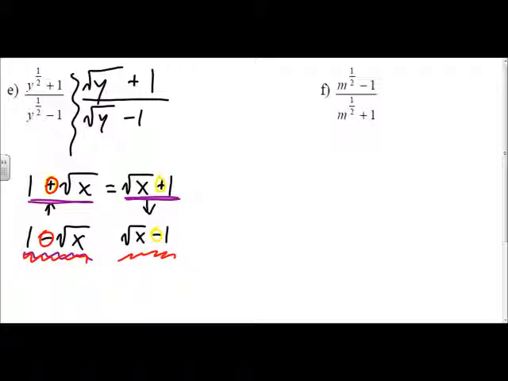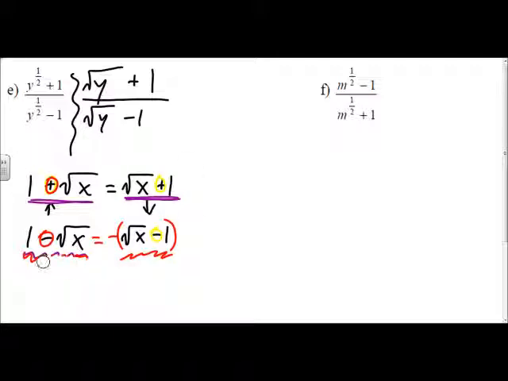Now how come they still work as conjugates? Well, it's because if you multiply the conjugate by both the numerator and the denominator, they'll still come out to the same answer. So again, as long as you're using the conjugate to multiply in both the numerator and the denominator, it doesn't matter that this one is the negative version of this. They'll still work out.